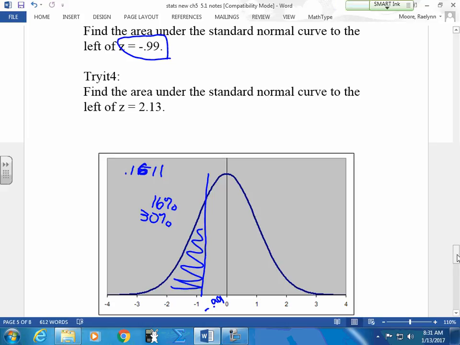Okay, so now, you guys try this next one. Find where 2.13 goes. Shade in your area to the left, because we're still doing area to the left. Think about your guesstimate.